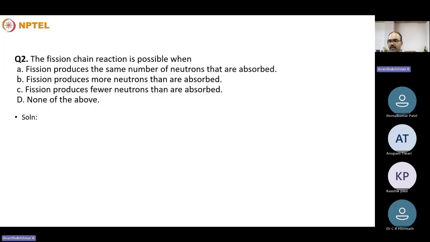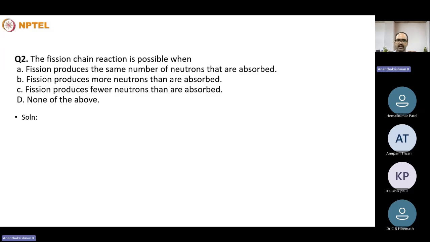Before that, we need to understand what a fission process is. Fission is a nuclear reaction that can be caused by bombarding high energy alpha particles, protons, neutrons, X-rays, as well as neutrons. However, neutrons are more suitable for fission. We actually use neutrons rather than the other charged particles to create the fission reactions.